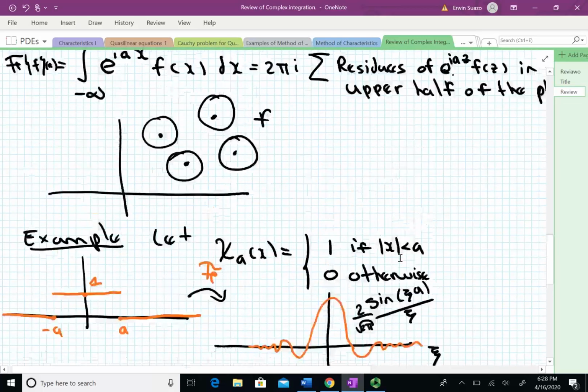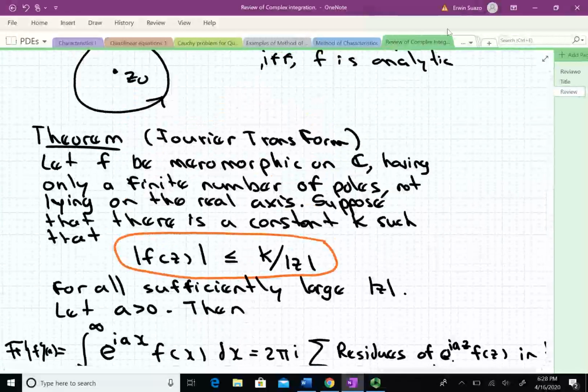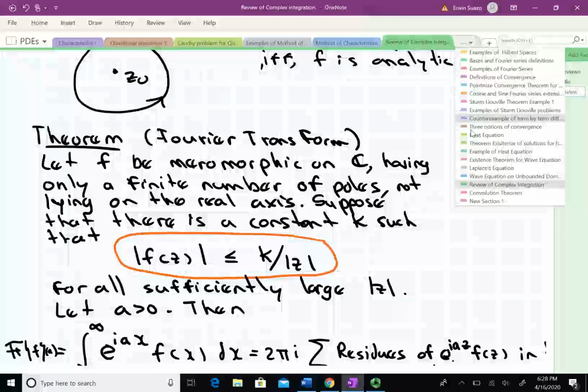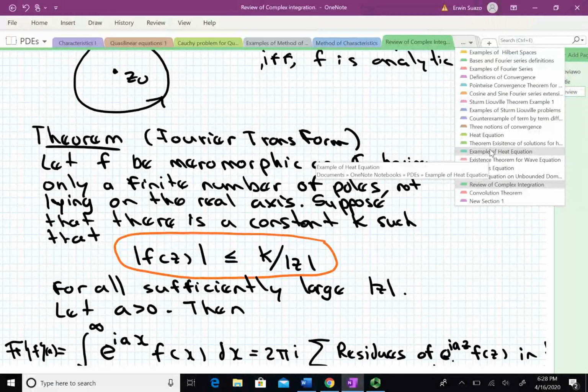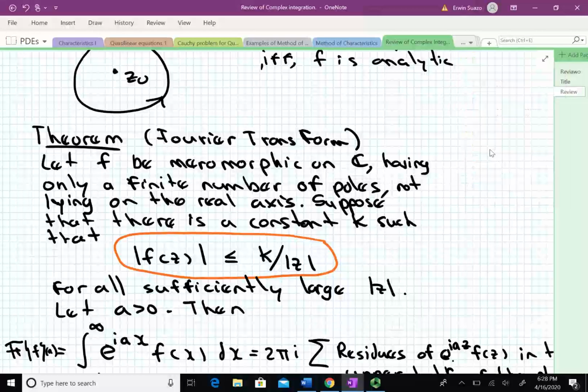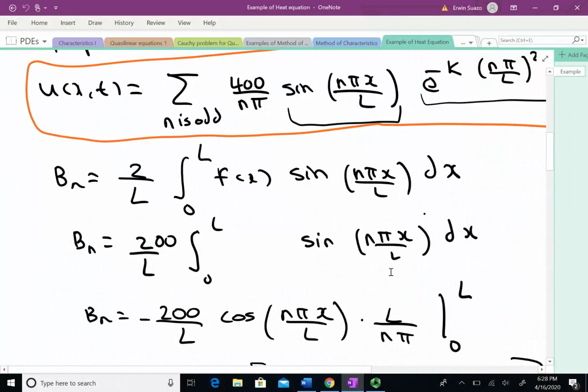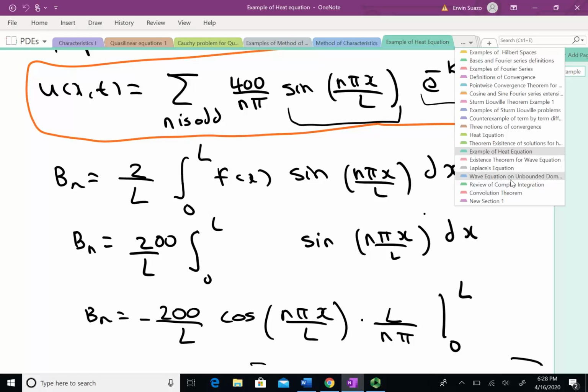That's the way. How do you get those formulas? Remember, I showed you this formula. You have to prove it. We have a formula from when we were proving the Fourier transform.